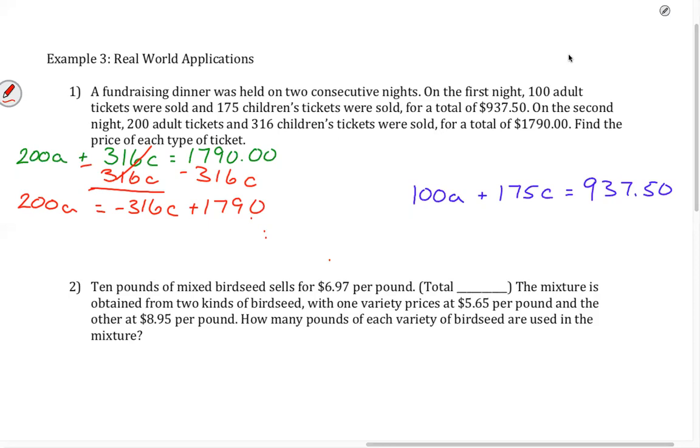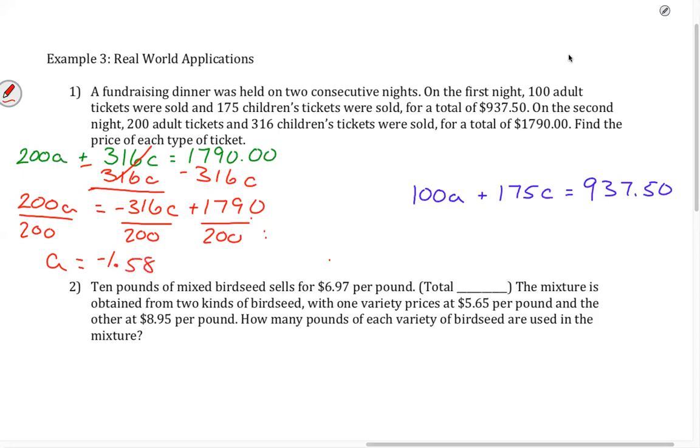And then you divide everything by 200, and you get A equals, let's see, negative 1.58C.